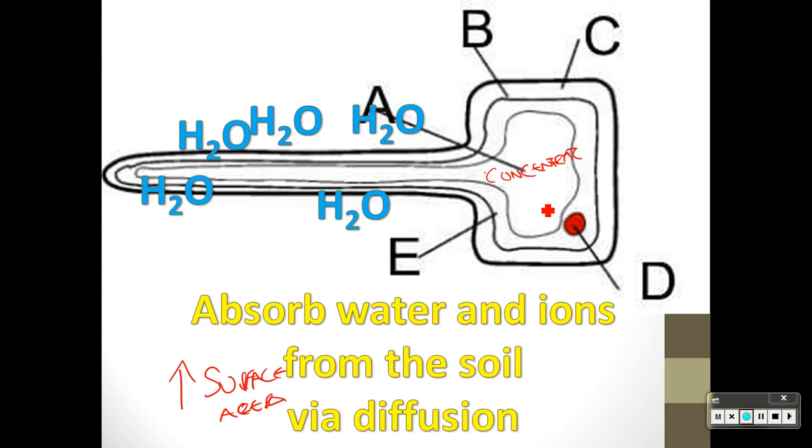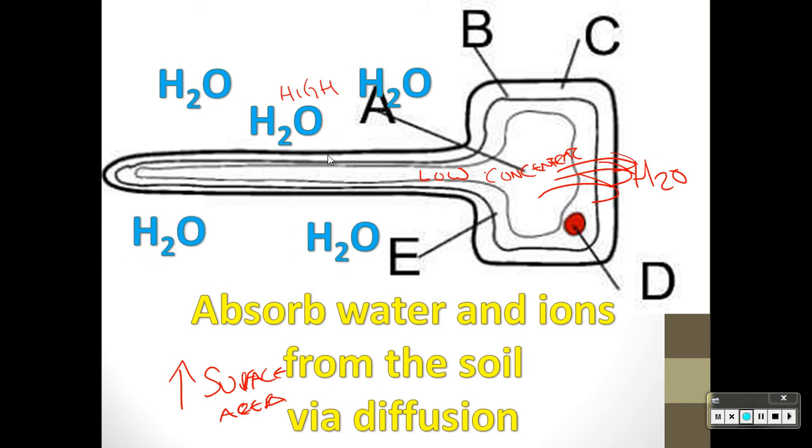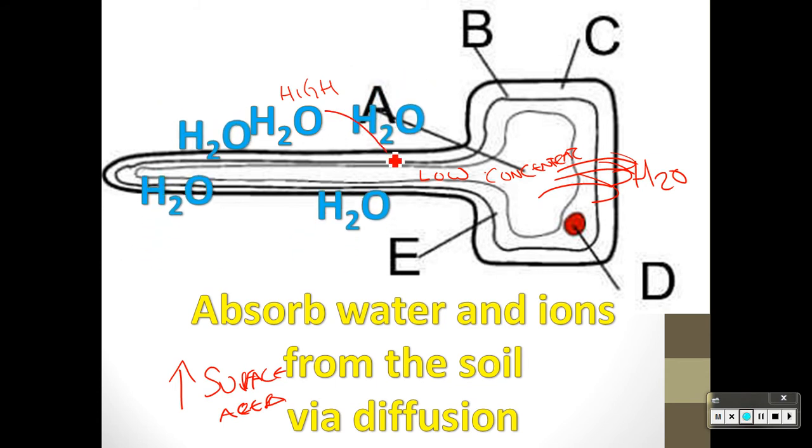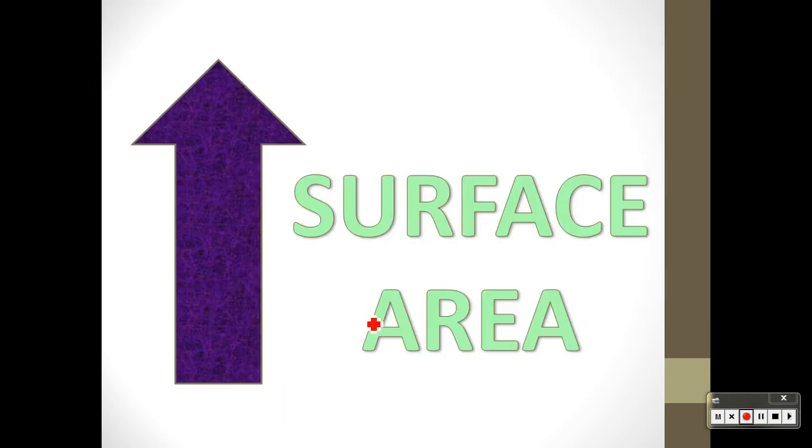So what they do is they pump all the water out of their vacuole, which means that there's a very low amount of water here and a high amount of water here. So what's going to happen? High to low, that's basic diffusion and osmosis. Boom! So they force the diffusion of water molecules in, which is technically osmosis.